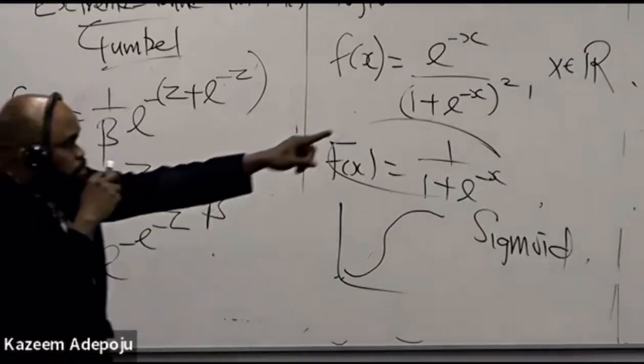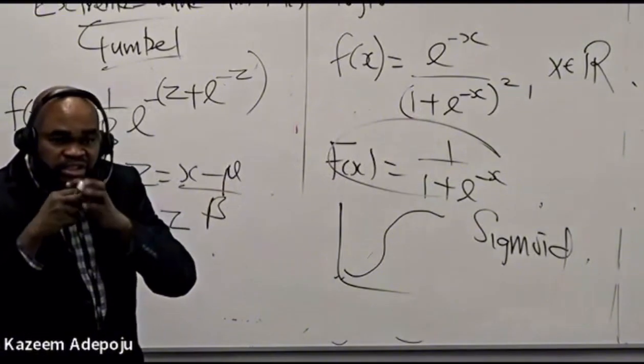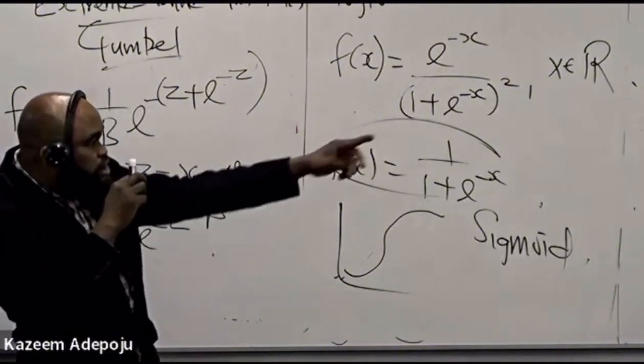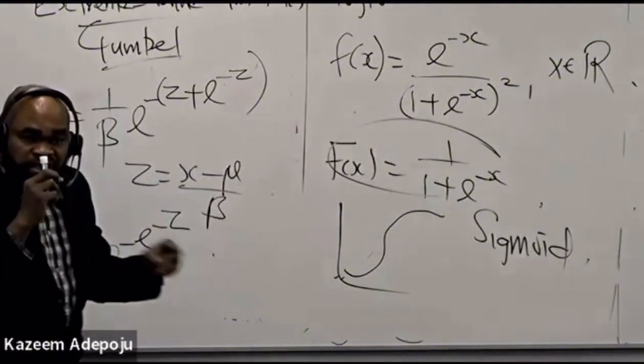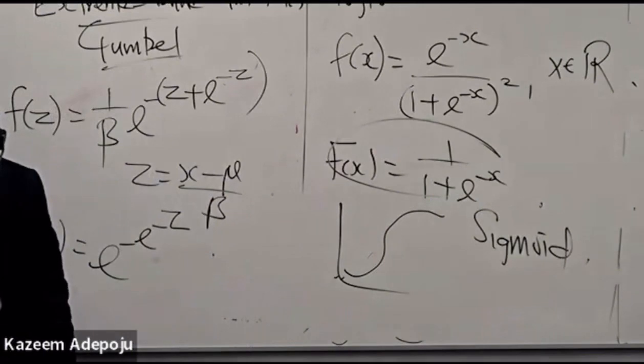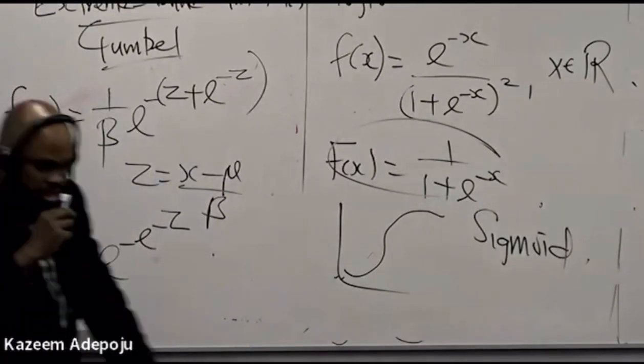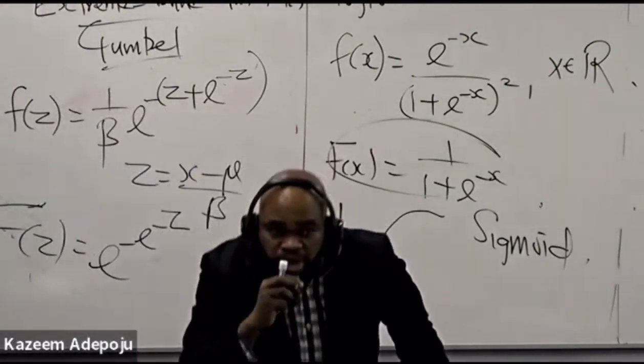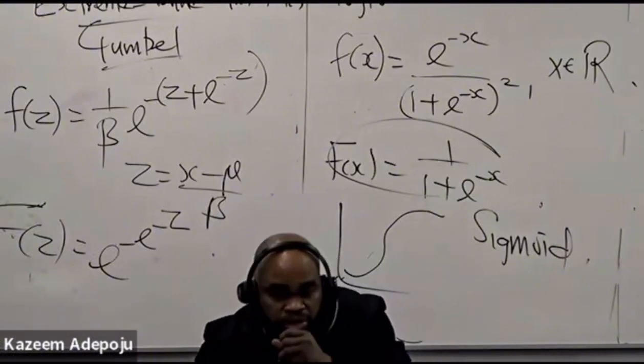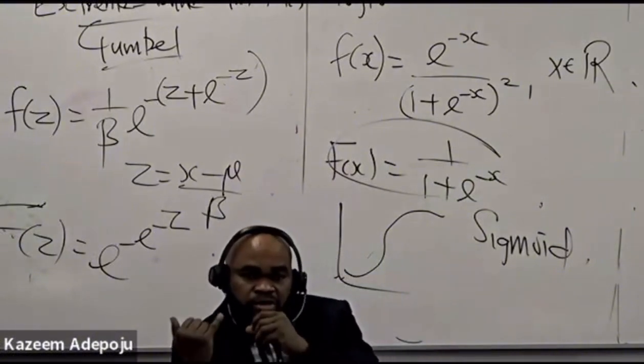Now, logit and probit are symmetric, but the complementary log-log is asymmetric. Does that make sense?